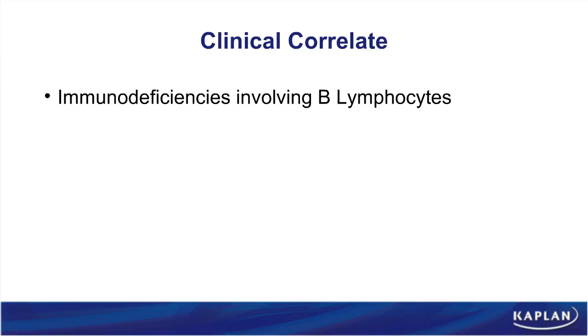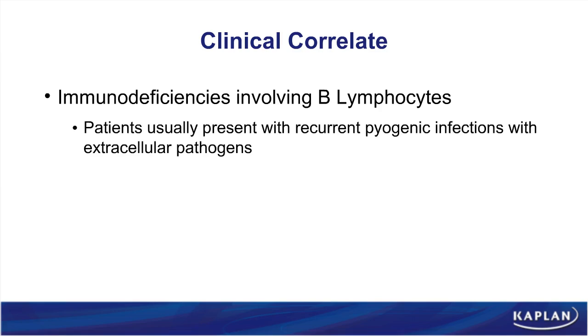An important point that we're going to come back to in the chapter on immunodeficiencies is that immunodeficiencies that involve B cells are going to present with recurrent infections, usually with bacteria. Humoral deficiencies, phagocyte deficiencies, and even complement deficiencies can all initiate with that chief complaint of recurrent bacterial infections.